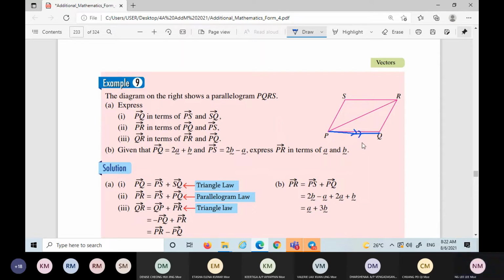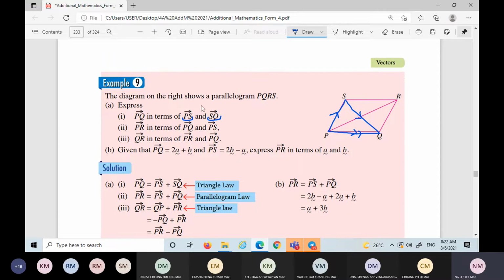If you want to go a longer way, but must use this and this, you can use P to S and then S to Q. So it's PS plus SQ. Here they write this is using triangle law.